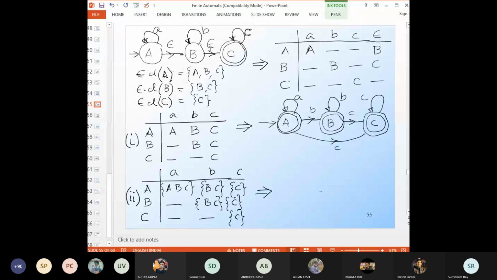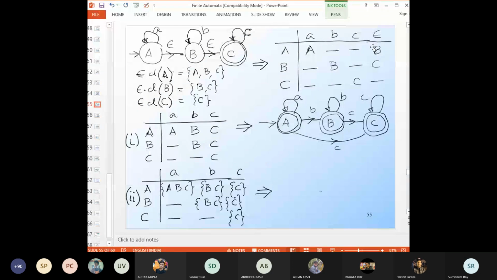So delta QA here, this is A. So instead of A, we will write epsilon closure of A. So that is A, B, and C, as you can see. Okay, so delta QB, this B is not here directly, but you have to write epsilon closure of this.